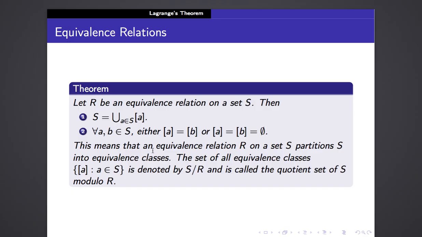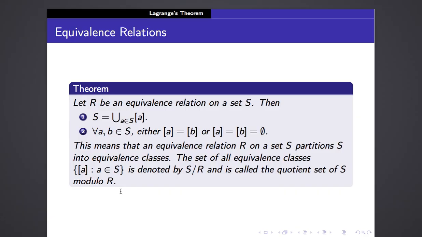So this means that an equivalence relation R on a set S partitions S into equivalence classes. The set of all equivalence classes in this case is denoted by S mod R, and is called the quotient set of S modulo R. Well, this itself is very important.